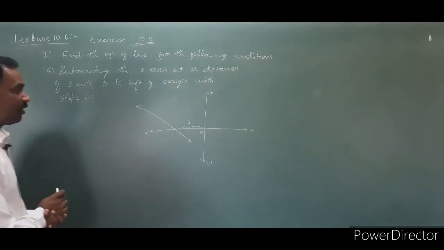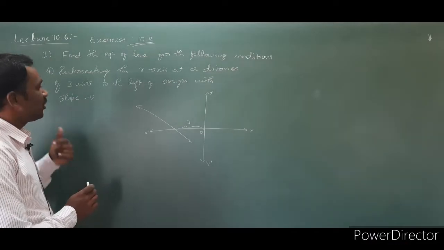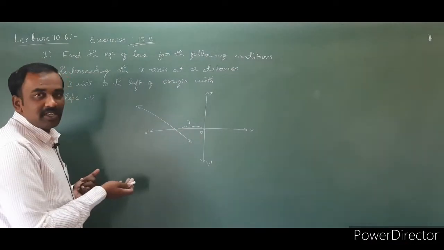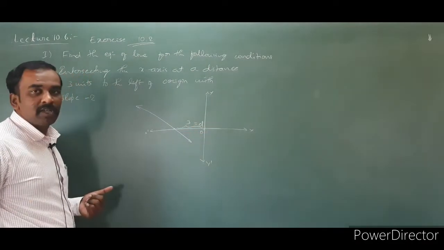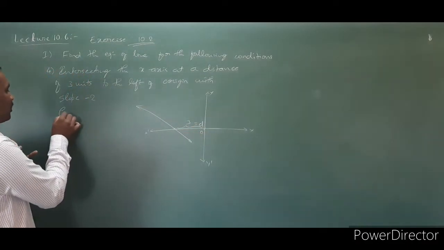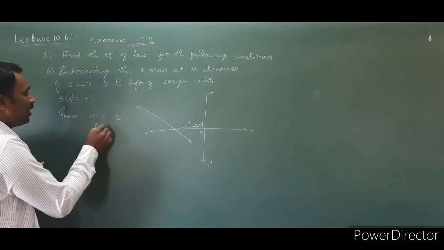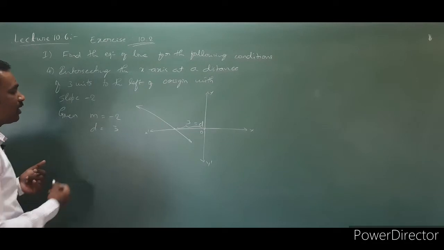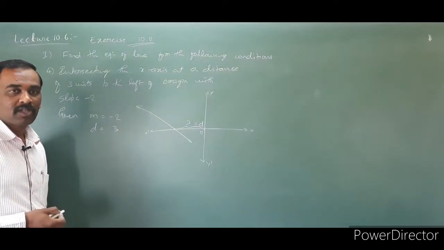Are you clear? What are the things given? Intersecting the x-axis at a distance of 3 units. X-intercept here, because the x-axis is intercepted. That means 3 becomes d. And what is the slope? The slope is given, minus 2. Intersecting the x-axis is nothing but 3. Whether the d value is minus 3 or plus 3.